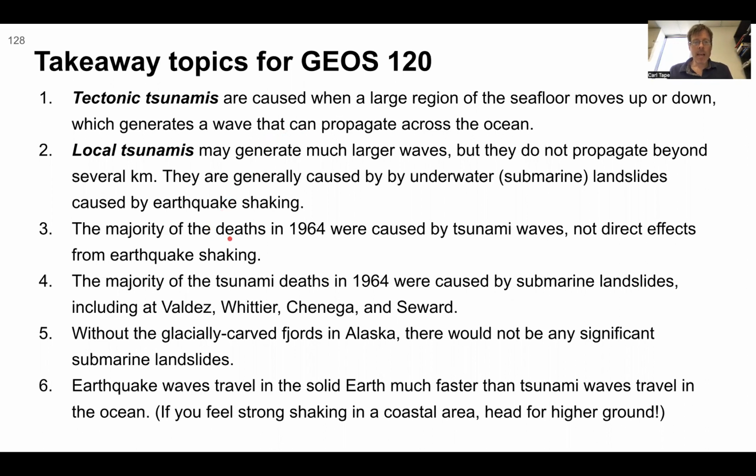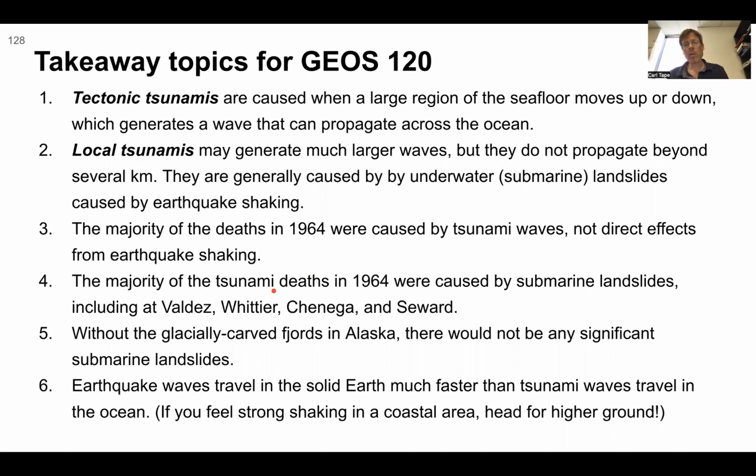The majority of the deaths in 1964 were caused by tsunami waves, not direct effects from earthquake shaking. The majority of the tsunami deaths in '64 were caused by submarine landslides, including at Valdez, Whittier, Chenega, and Seward.